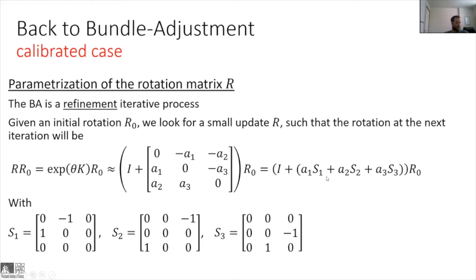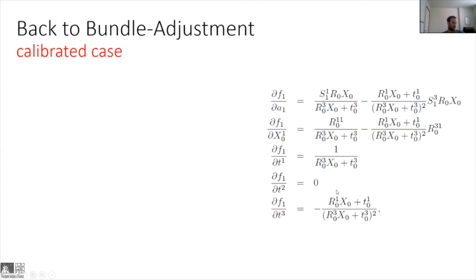We can take a trivial basis of the skew-symmetric matrix space and write it as the identity plus a linear combination of these skew-symmetric matrices. And when I multiply it by R, I guarantee that I again have a rotation.